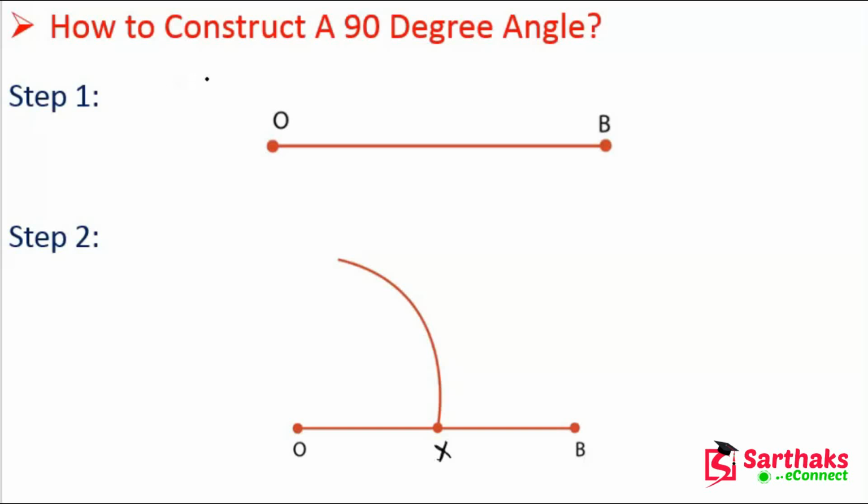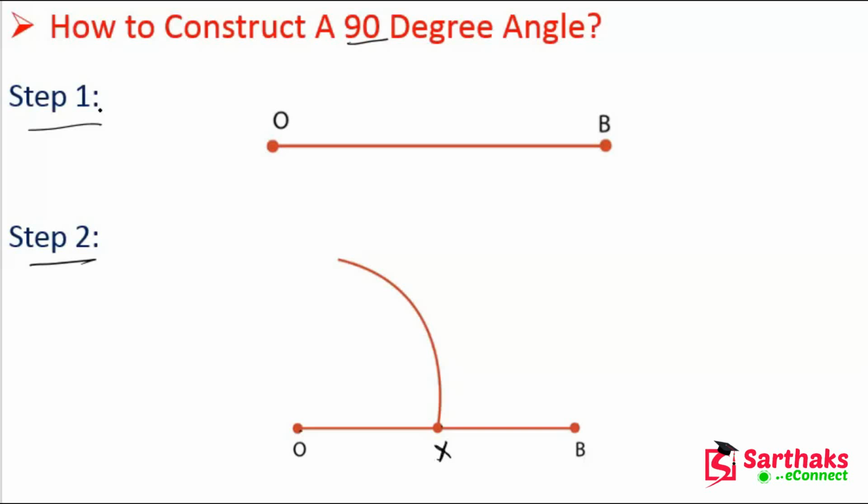Now we are going to discuss the construction of a 90 degree angle. In step number 1, first of all we draw a line OB. In the second step we take O as the center and draw an arc on line OB at point X. I hope you get this point.